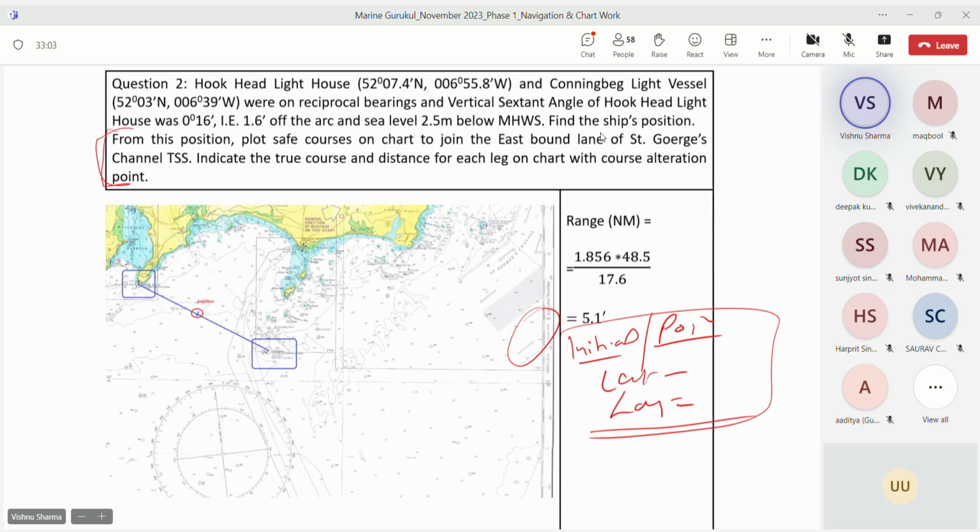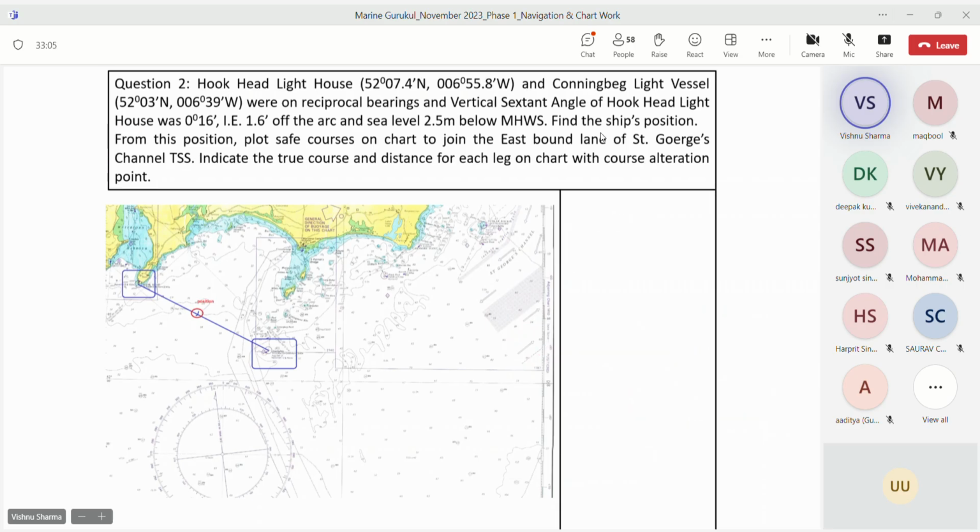But I'll just take you through the basic issues related to passage planning. As far as passage planning is concerned, what is the objective? It is to ensure that the passage the vessel intends to take is safe. Safety cannot be compromised. Any passage plan which is unsafe is definitely wrong.